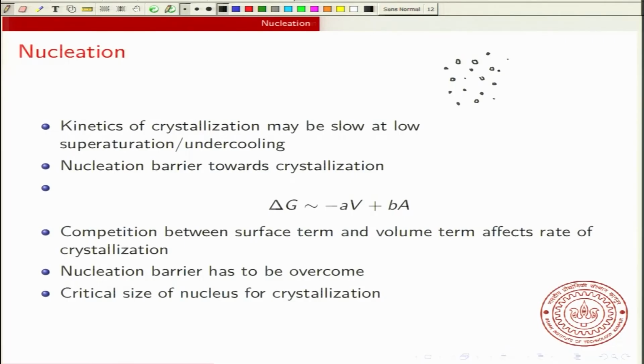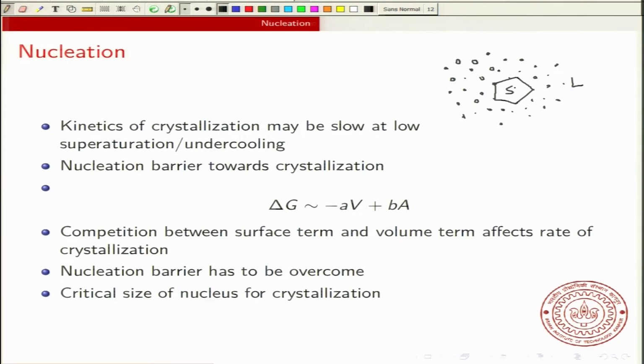Now in this whole liquid, let us say a small part of the liquid somewhere here becomes a solid, and I will just show some piece that has become a solid, and you have liquid all around. So this is your liquid, and you have a solid here.